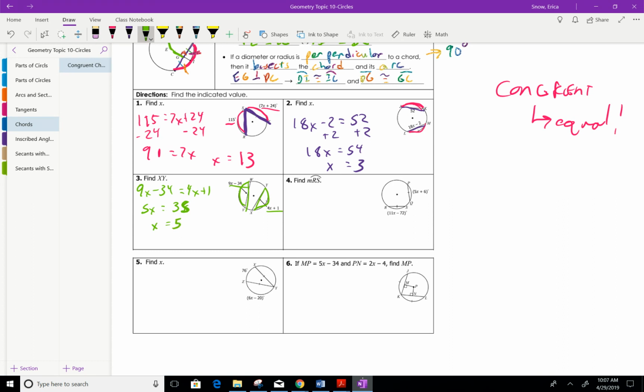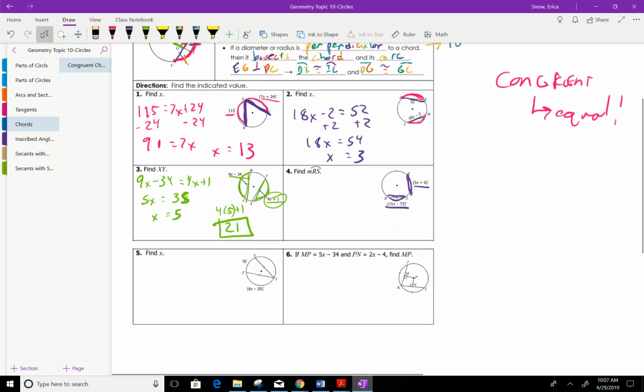If x is 5, to find xy, we're going to plug it in here. 4 times 5 plus 1 is 21, and we're done. Notice again, we're just setting everything equal. So here, those chords are congruent, therefore the arcs are congruent, so these are the same.